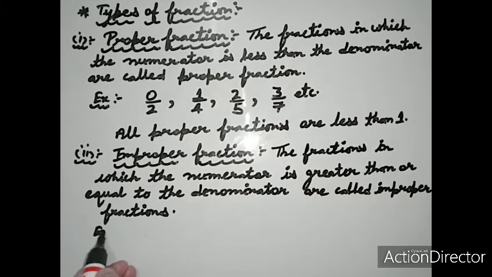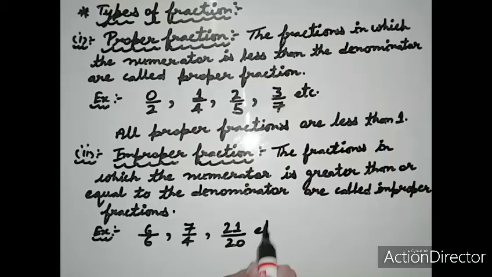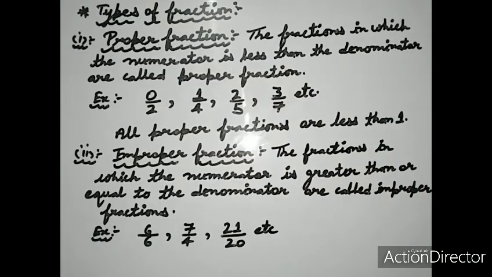Example like 6 upon 6, 7 upon 4, 21 upon 20, etc. These are all types of improper fractions.